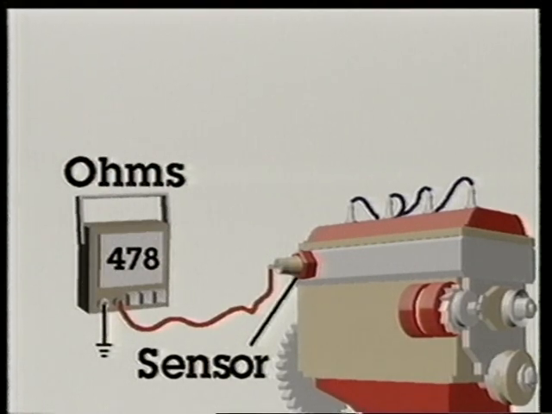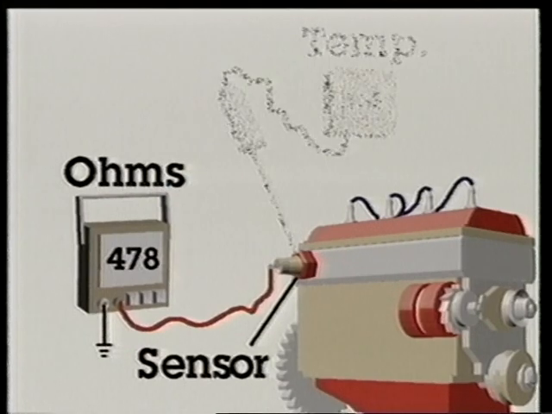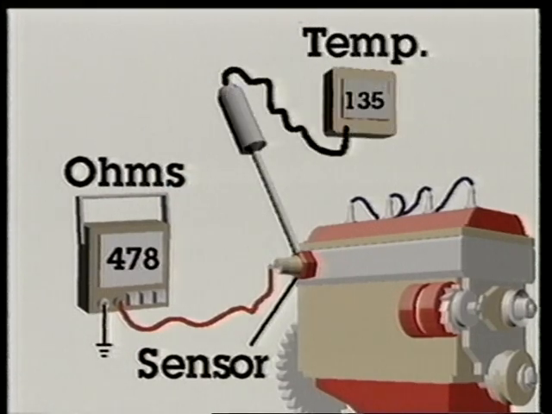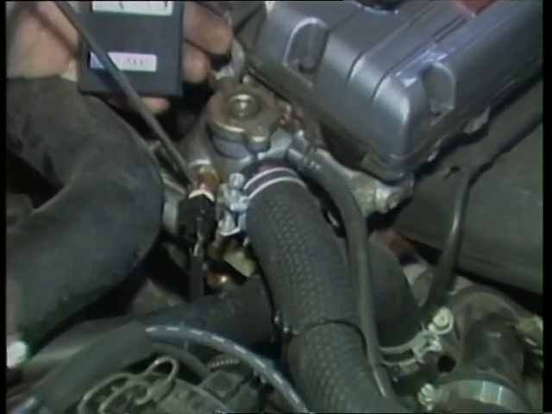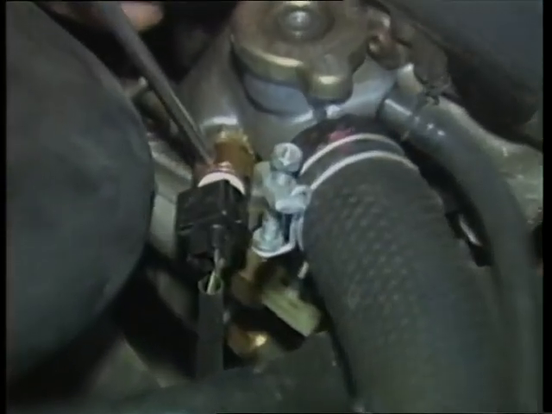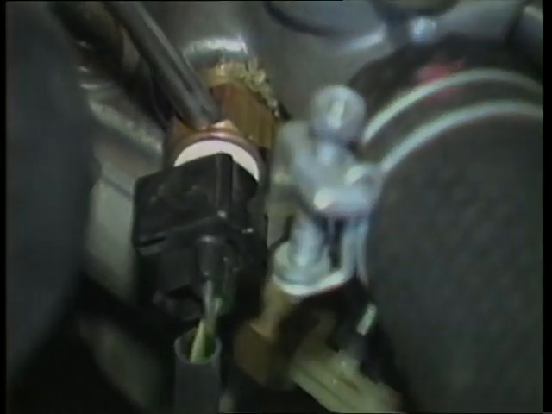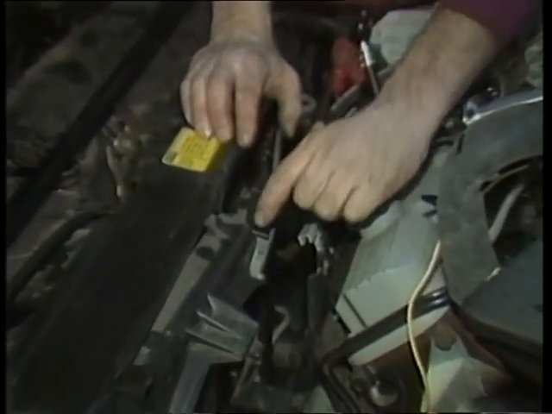If the resistance of the sensor is not within spec for the exact temperature, you would know to replace the sensor. Refer to service manual values for exact resistance and temperature specifications. Touch your digital pyrometer onto the metal part of the sensor when testing.